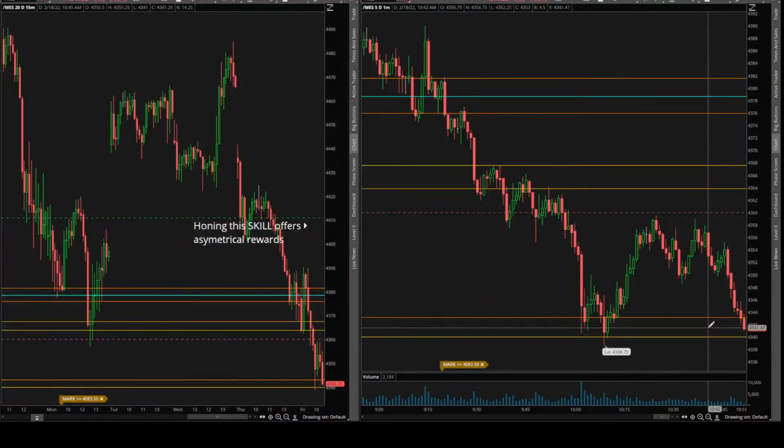Bit of a retrace here. Still looking ugly. This 78 pop always does. It usually looks pretty bad.